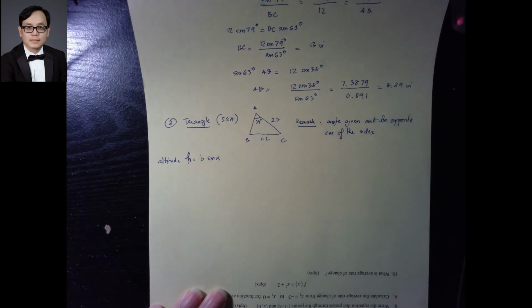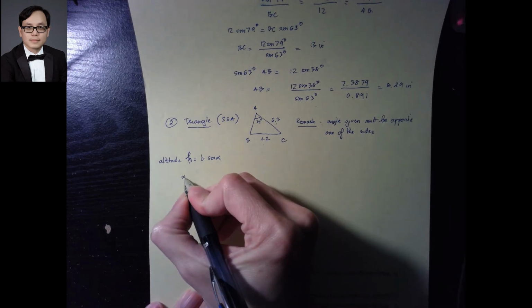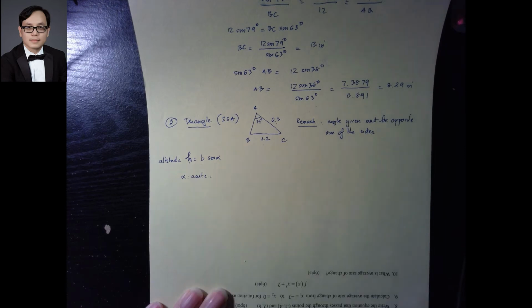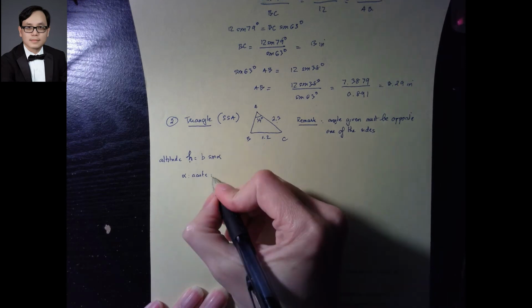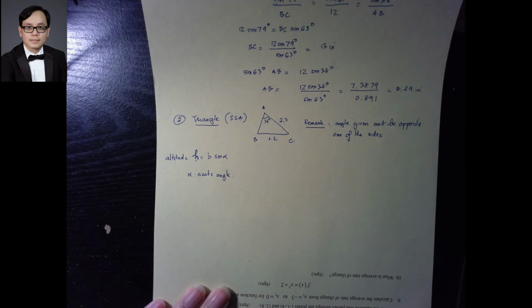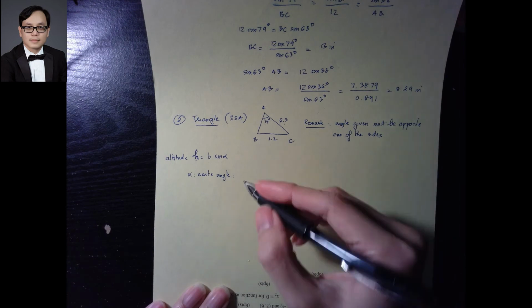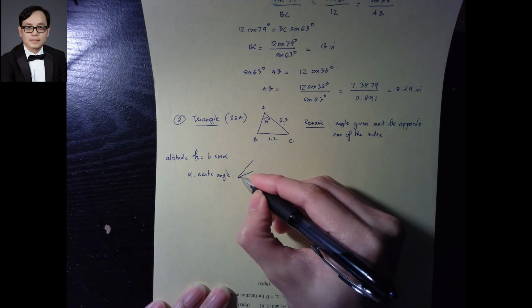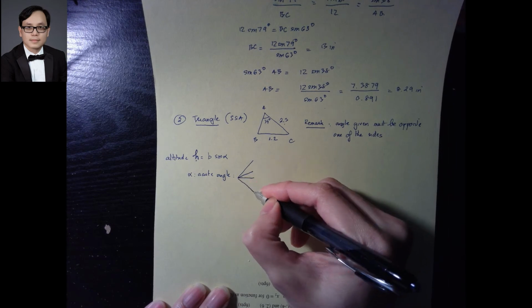After you calculate h, the next step is to consider whether your alpha is acute or obtuse. If your alpha is an acute angle, then we have four different cases.